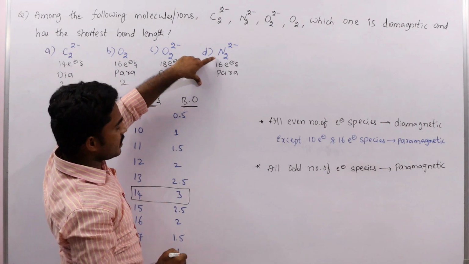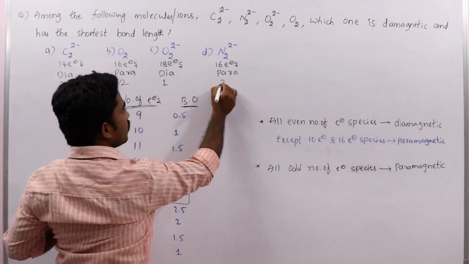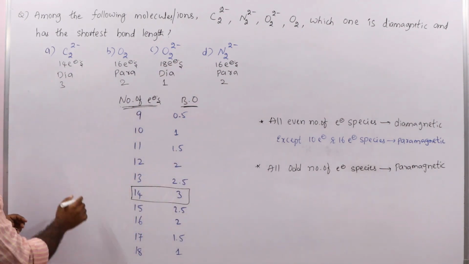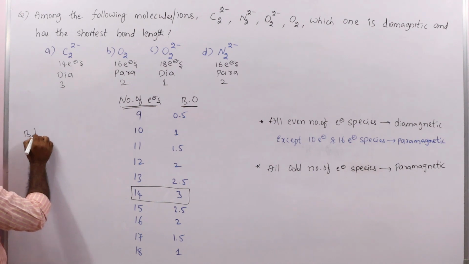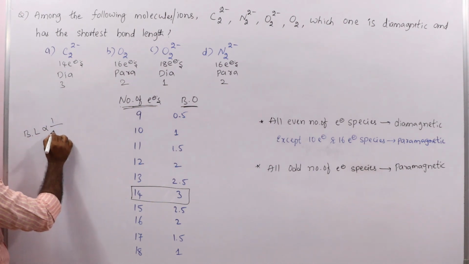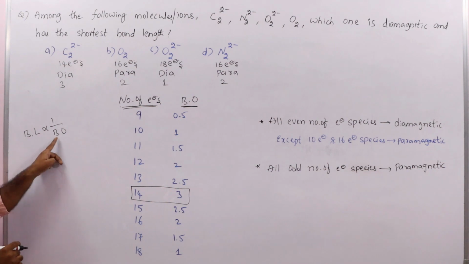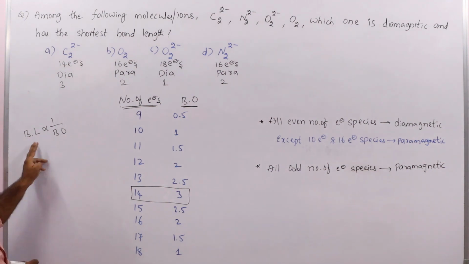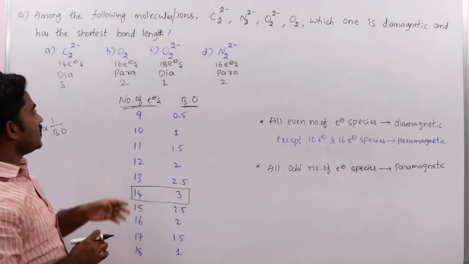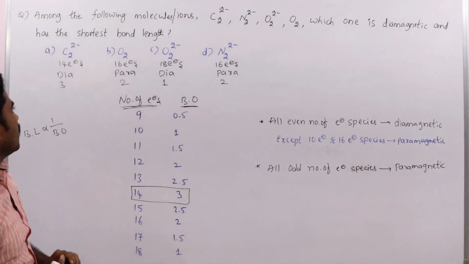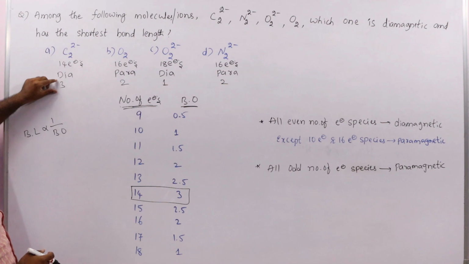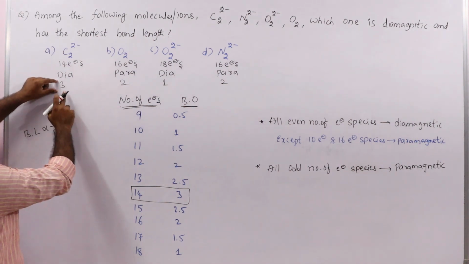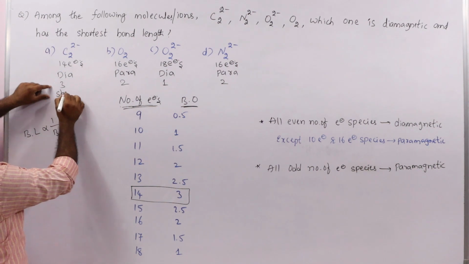Next, the 16 electron species has bond order 2. So bond order and bond length are inversely proportional. If bond order is more, bond length is less. If bond order is less, bond length is more. Which species has more bond order? C2 2 minus with bond order 3. That's why in the given options, bond length is shortest for this.